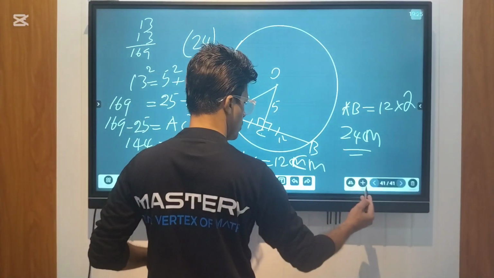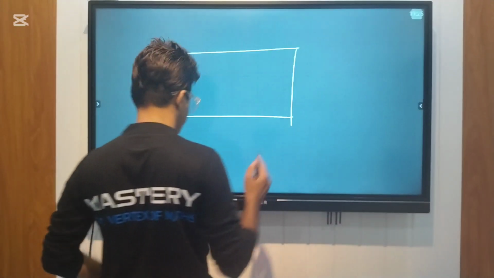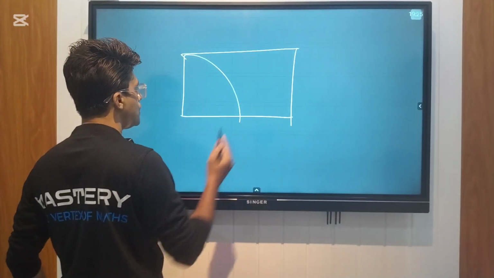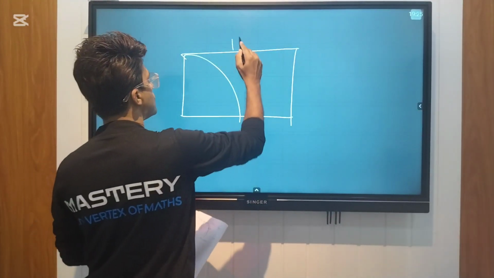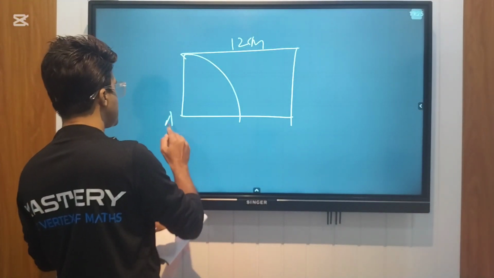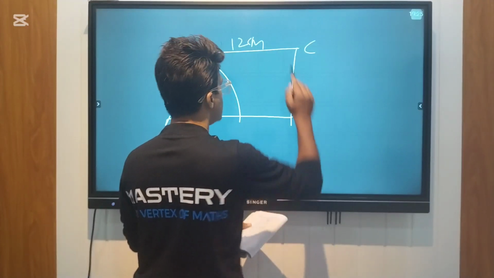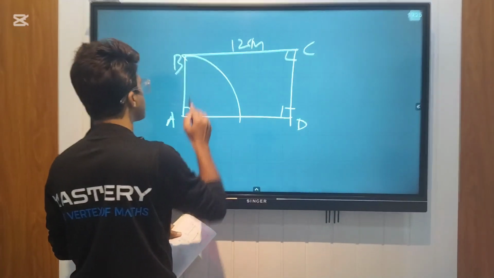So how do we do this? This is AB, CD, and here is a rectangle, and this side is 12.